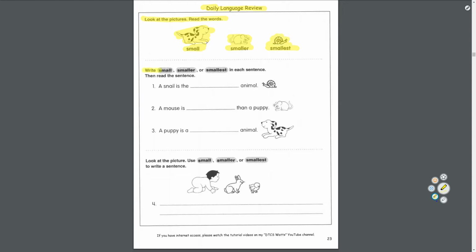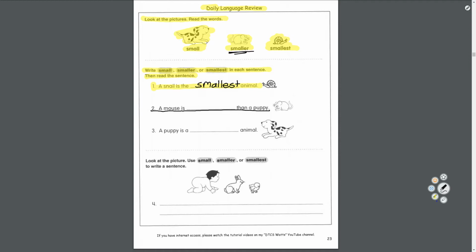So I'll write small, smaller, or smallest in each sentence. Then read the sentence. So number 1, a snail is the blank animal. It's the smallest animal. So let's write that here. A snail is the smallest animal. Number 2, a mouse is blank than a puppy.